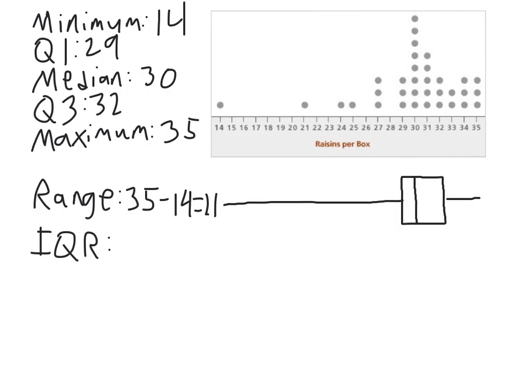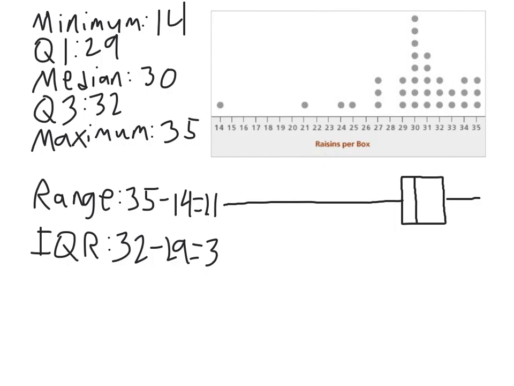So that would be Q3 minus Q1, or in this case 32 minus 29, which is 3. A very small inner quartile range. So in this case, 50% of the data lies within 3 units, or in this case, 3 raisins.